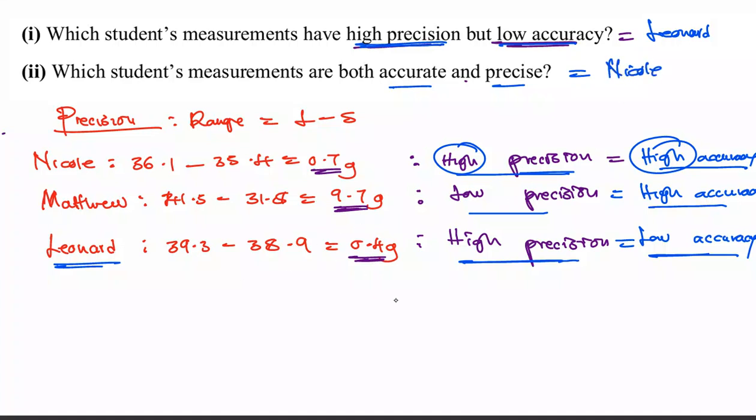So this is how you need to understand precision and accuracy. They are very simple terms. With accuracy, we are dealing with how close the measurements are to the true value. So, a quick summary: accuracy is how close the measurement is to the true value.